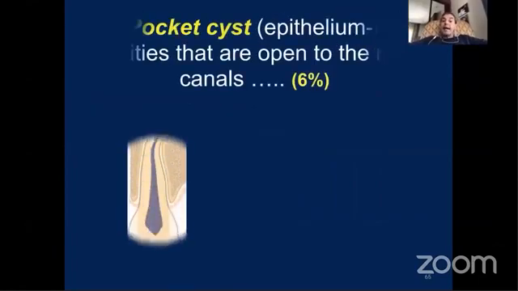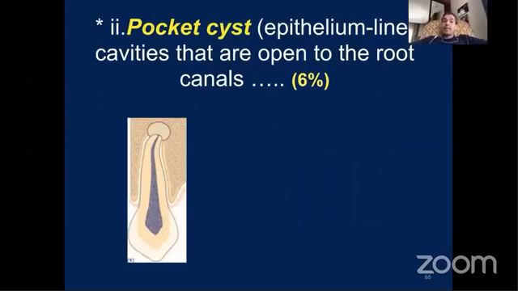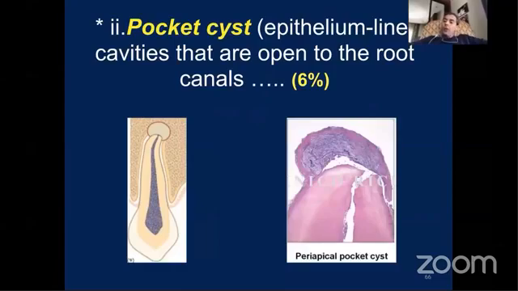The second type of cyst is called a false or pocket cyst. It's an epithelium-lined cavity that is open to the root canal. They form about 6% of endodontic periapical lesions, and we can see it is connected to the root canal.